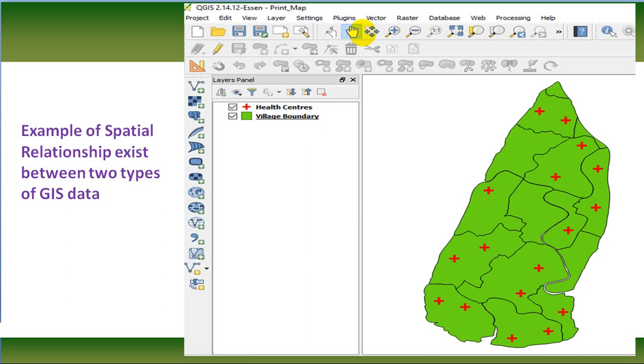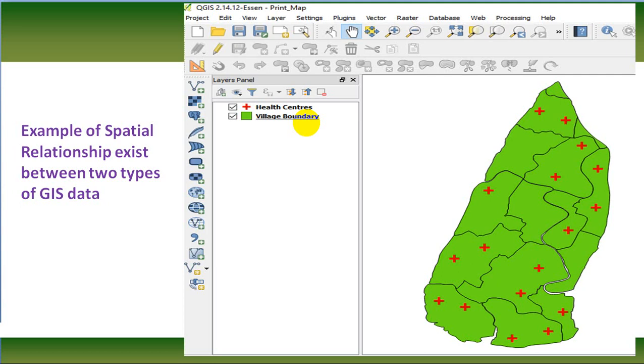Now, in this example, we show you the spatial relationship that exists between health center and village boundary. Which type of spatial relationship exists? If you see the map, you can easily understand. Health centers are present within the village boundary, or in another way we can say the village boundary contains the health center.